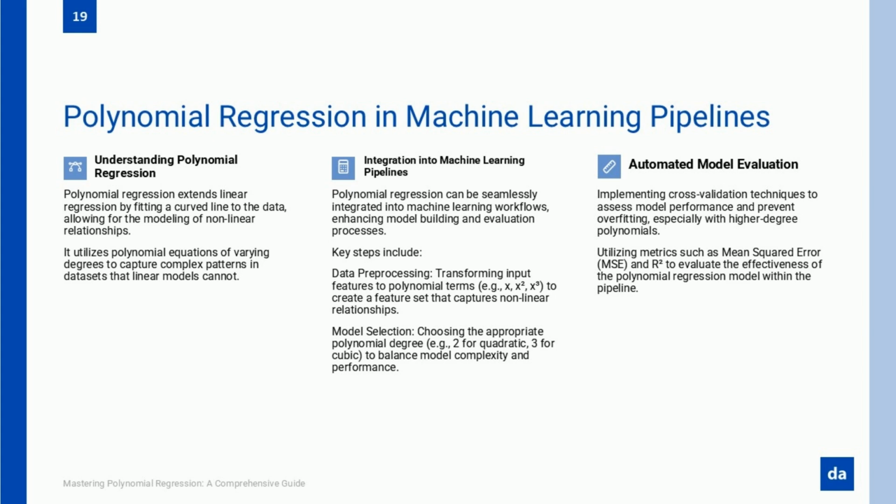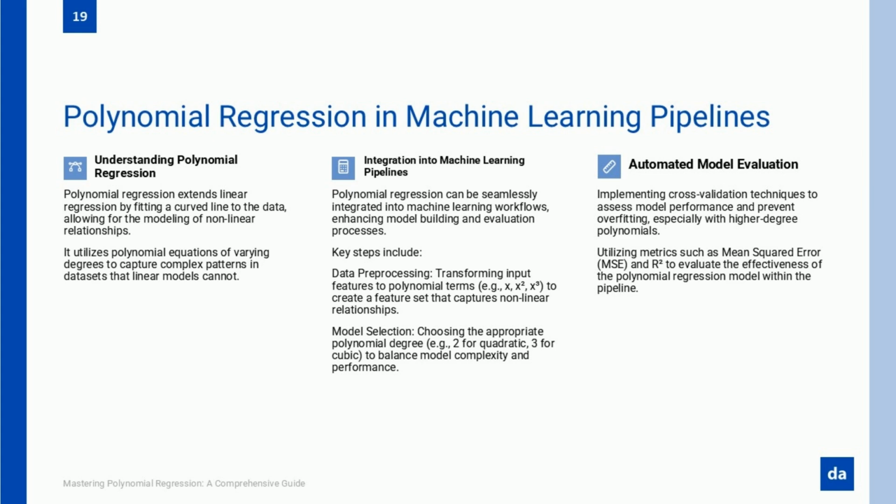Once the data is cleaned, the next step is feature transformation. Polynomial regression requires generating polynomial features from the input variables. This is done using scikit-learn's polynomial features function, which expands the feature set by creating new terms such as squared, cubic, and interaction terms.